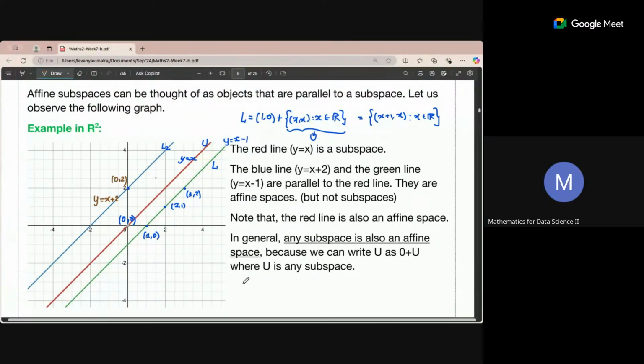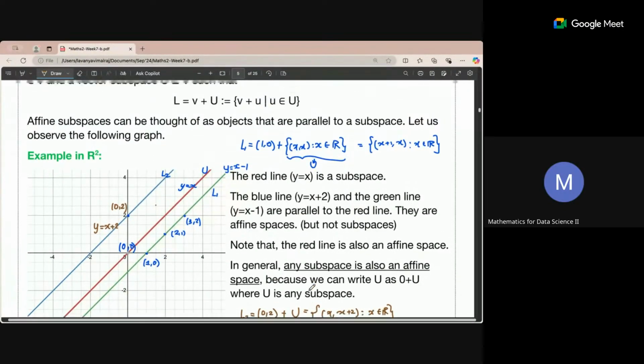L2 is 0 comma 2 plus U. If I add 2 to the second entry, then this becomes the set of all x comma x plus 2.